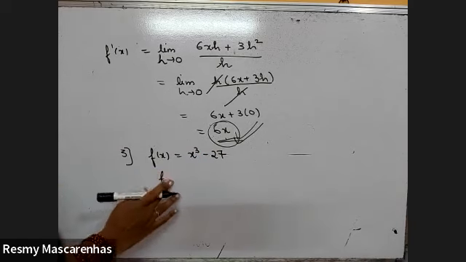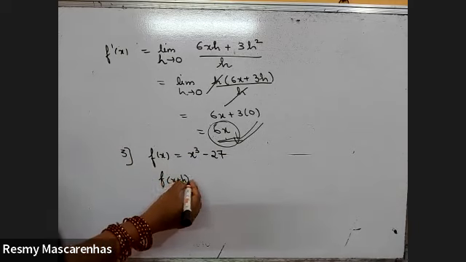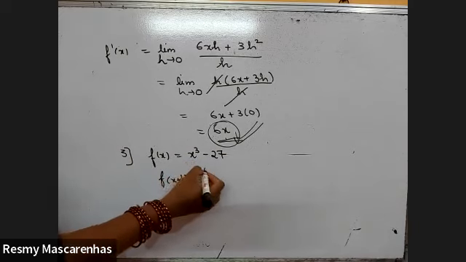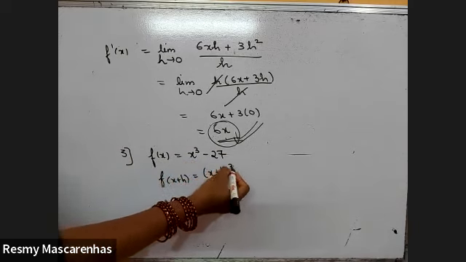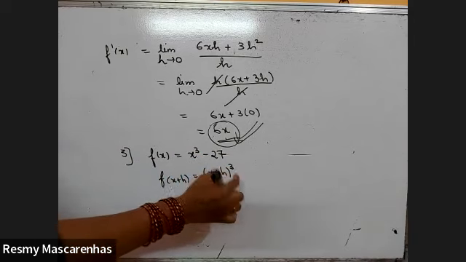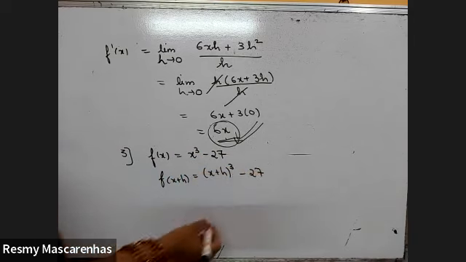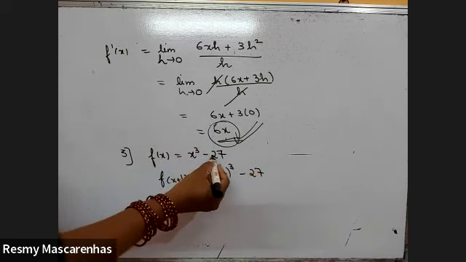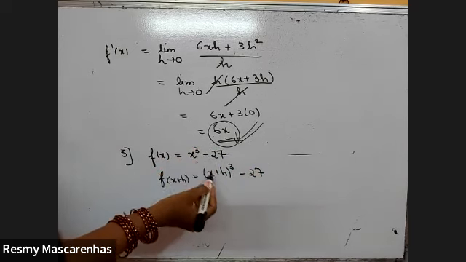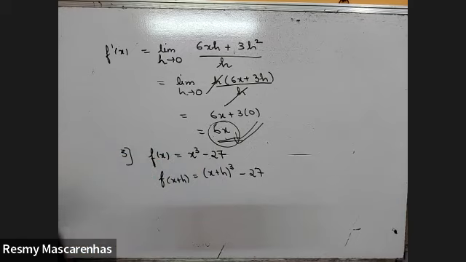If you want, first you can find what is f of x plus h. F of x plus h means wherever there is x, you have to replace it by x plus h. So it will become x plus h the whole cube. This full thing, you have to write it again, but instead of x, you have to write x plus h. And now start solving.